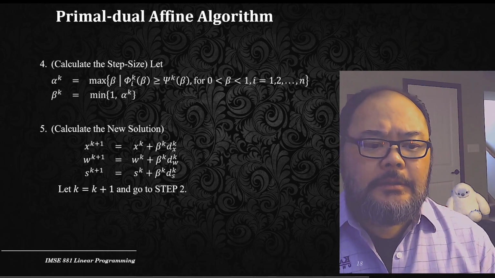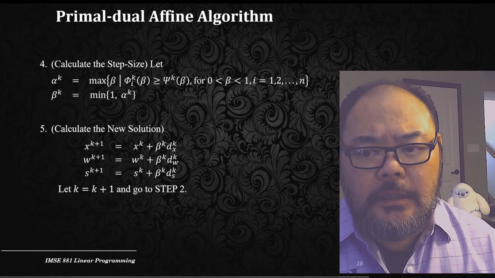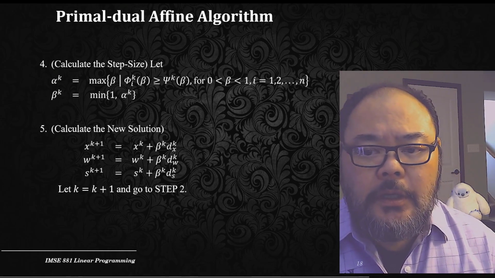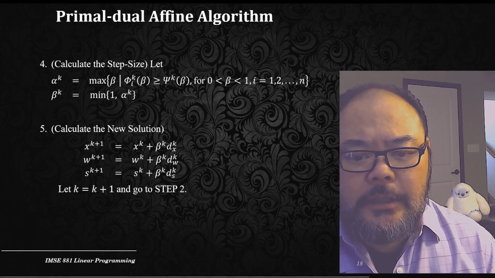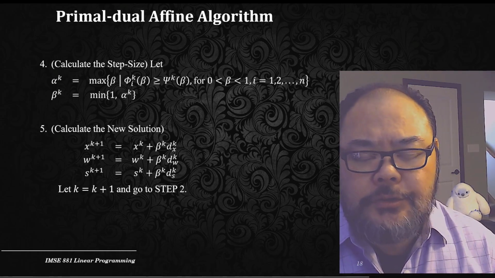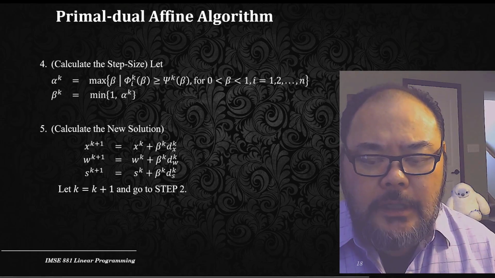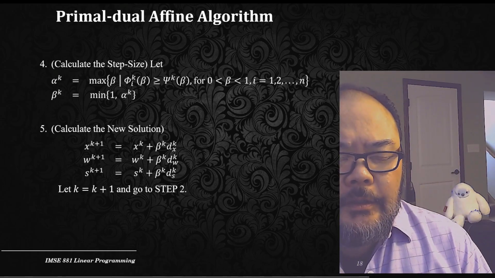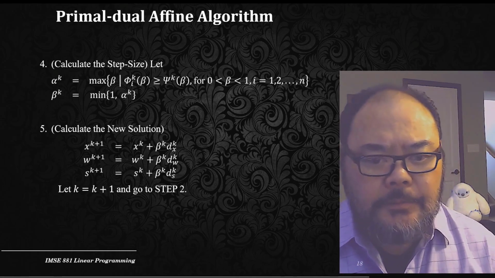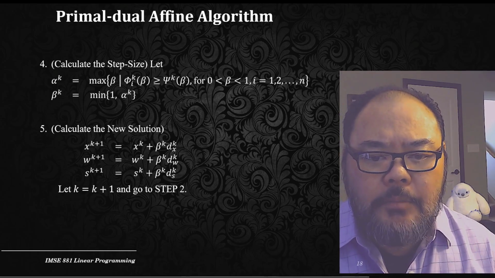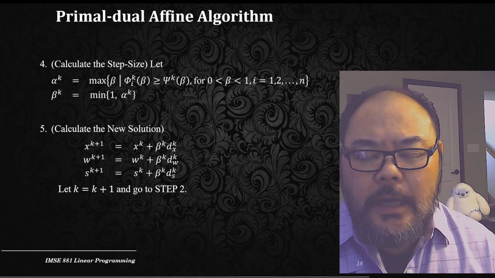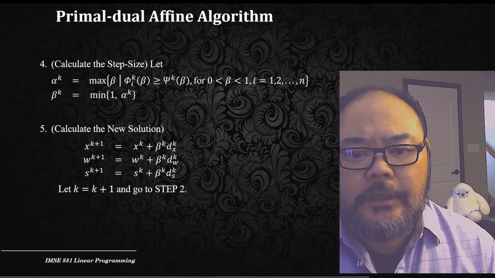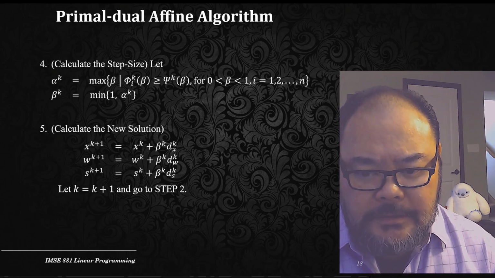So to sum it up, this algorithm intentionally starts with a primal feasible solution and also a dual feasible solution, and in order to reach the optimal, it tries to achieve the complementary slackness condition. The primal affine scaling method, or regular simplex method, tries to maintain primal feasibility, and throughout the simplex tableau or the primal affine scaling algorithm, they also maintain the complementary slackness condition.